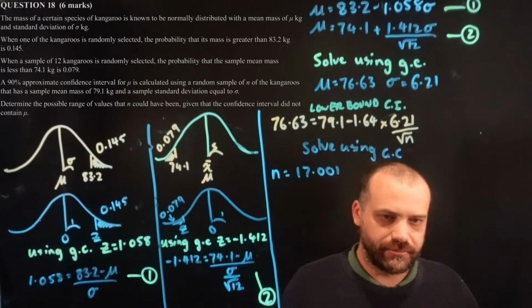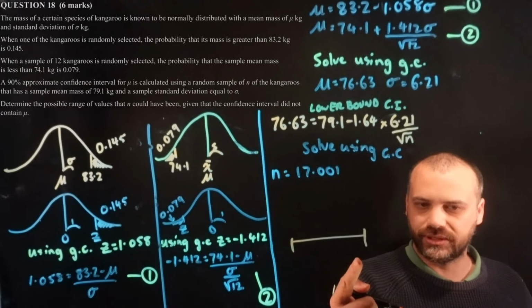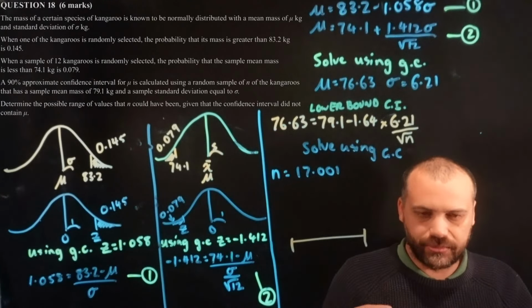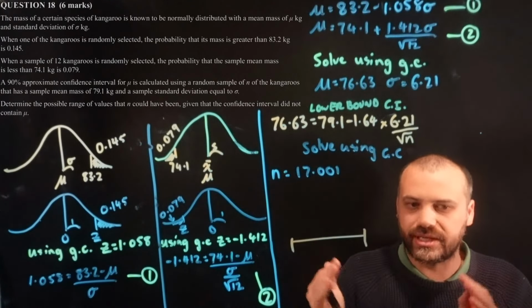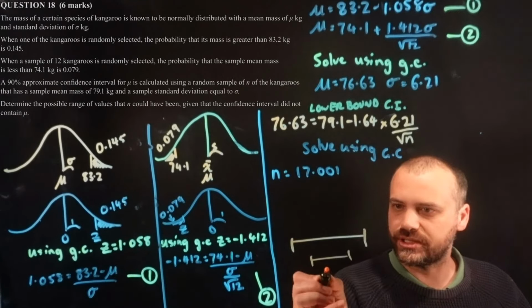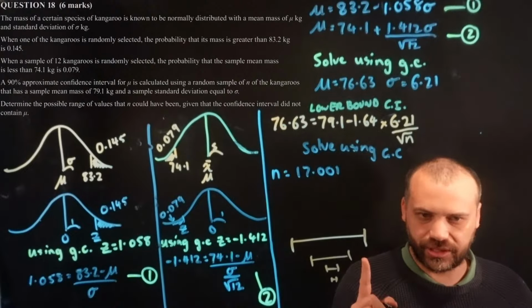Something you want to keep in mind is that as n gets larger, as you have more and more kangaroos in your sample, your confidence interval shrinks. You get more and more confident, right?